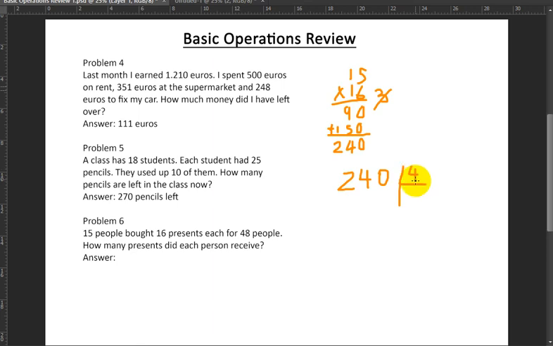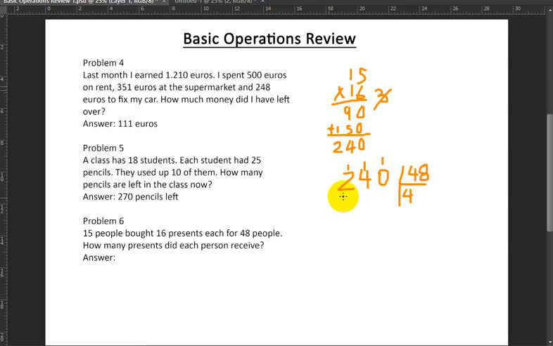Does 48 fit into 24? No. 48 does not fit into 24. So I need to figure out how many times it fits into 240. Okay, well, how many times does 5 instead of 4 fit into 24? The answer to that would be 4. So I'm going to try first 4 times 48.